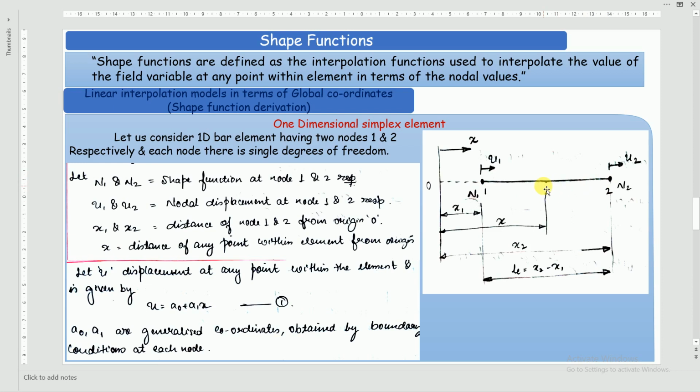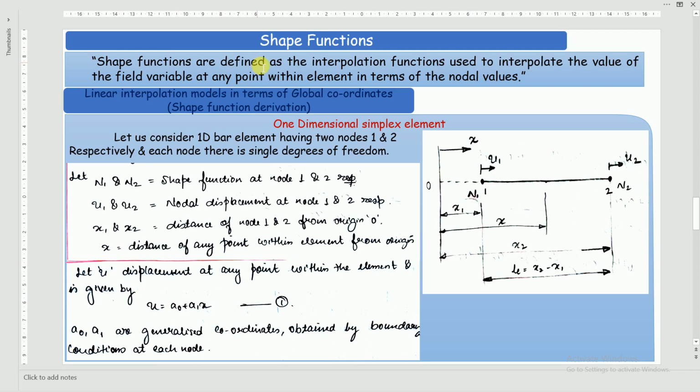By using the polynomial function u equals a0 plus a1x, can you find it if I give x equal to so much, but you don't know the values of a0 and a1? You will find a0 and a1 by applying the boundary conditions, rearranging the equation in terms of N1 and N2. Those are called your shape functions.